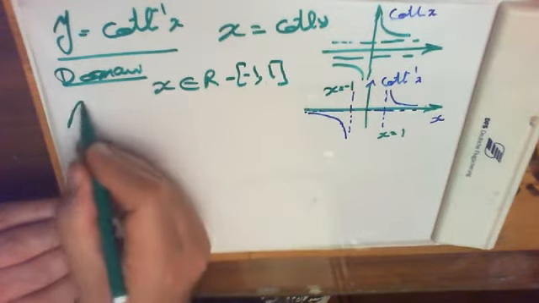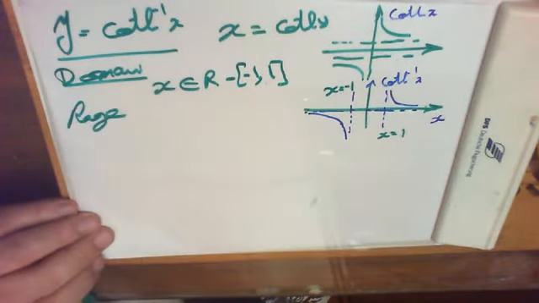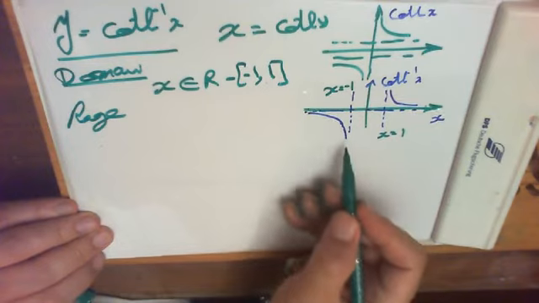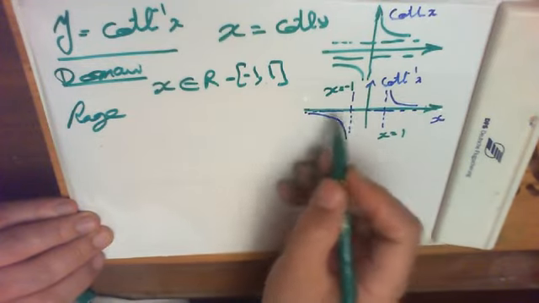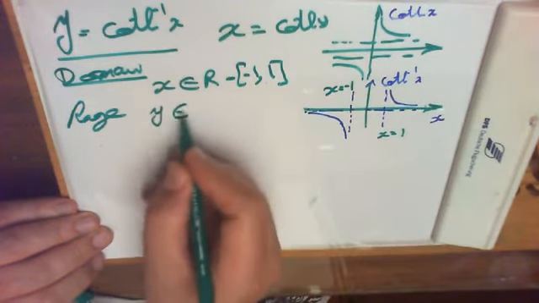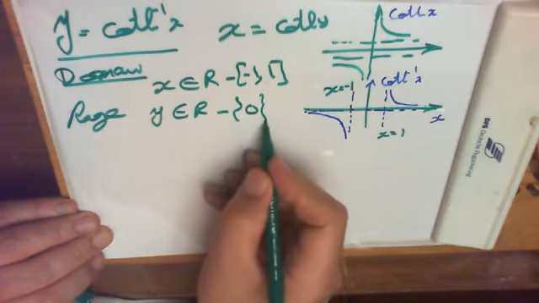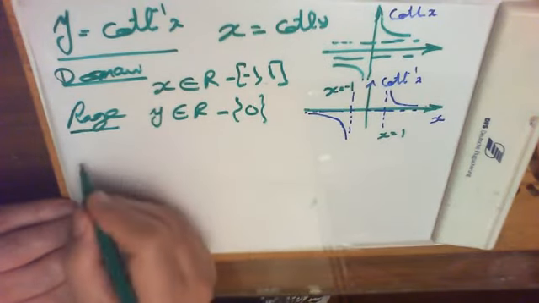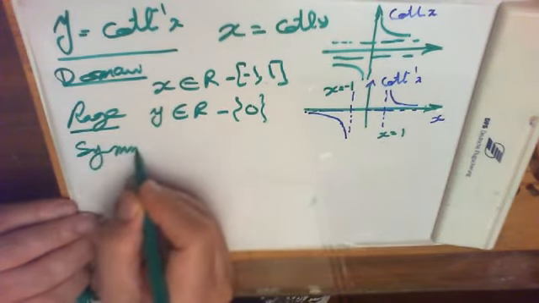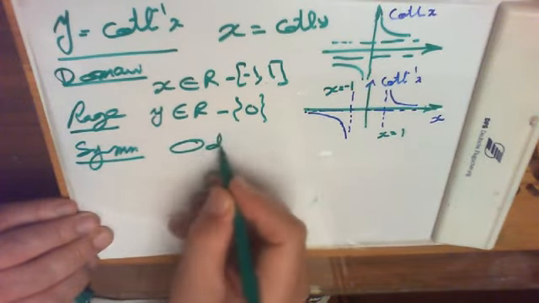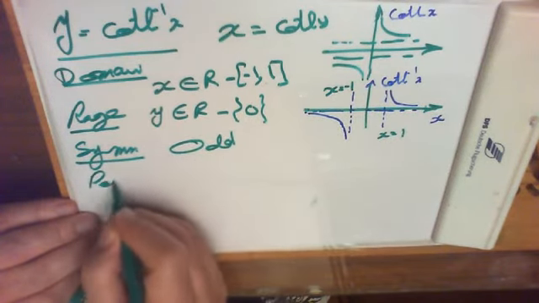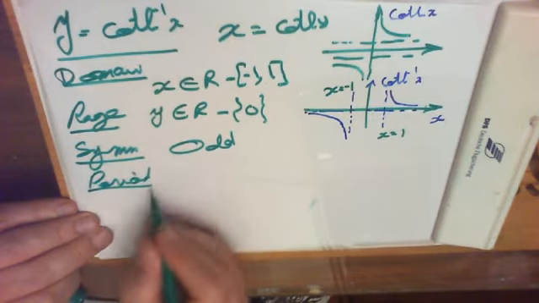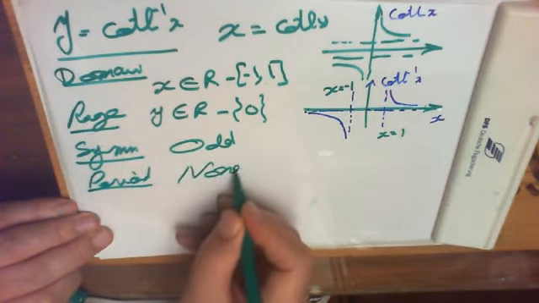Range, as you see, from minus infinity to infinity except the 0. Okay. What about symmetry? It's odd. Periodicity? None. Derivative?